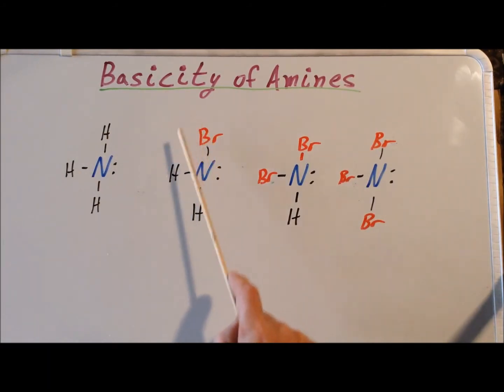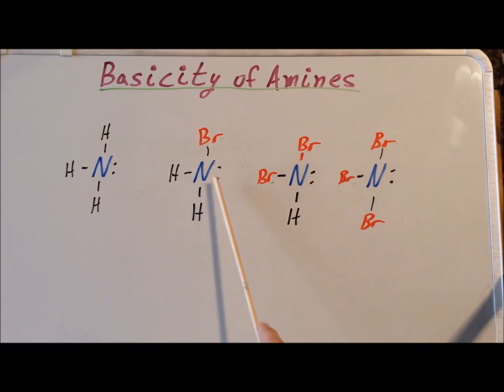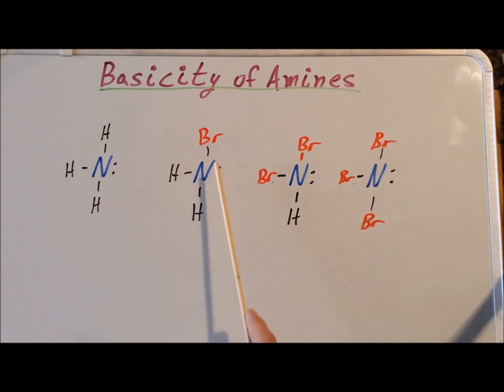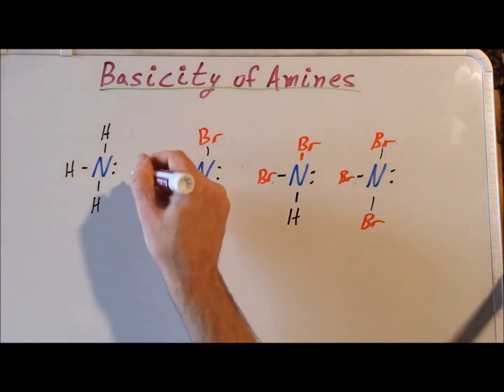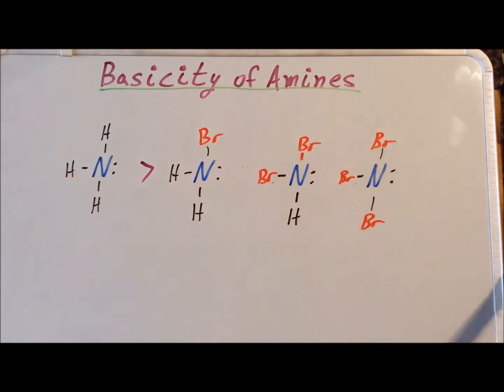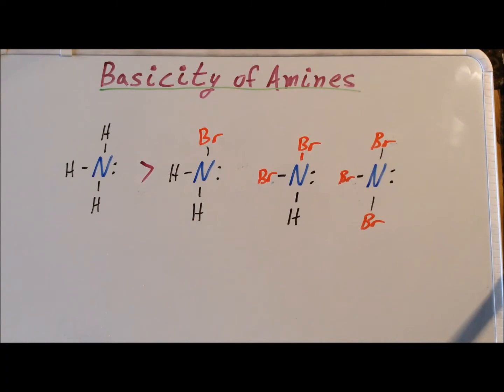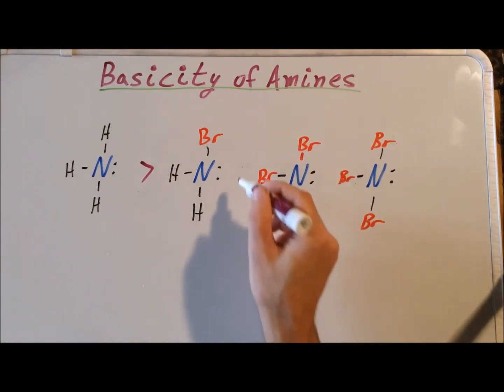So we predict that having one bromine here should withdraw electron density from the nitrogen, at least relative to what the hydrogen did. So the lone pair is less available to form a coordinate covalent bond. So we predict that this is going to be a weaker base. So it's less strong of a base than ammonia. Having two bromines makes the effect even bigger, so we even have more withdrawal of electron density.